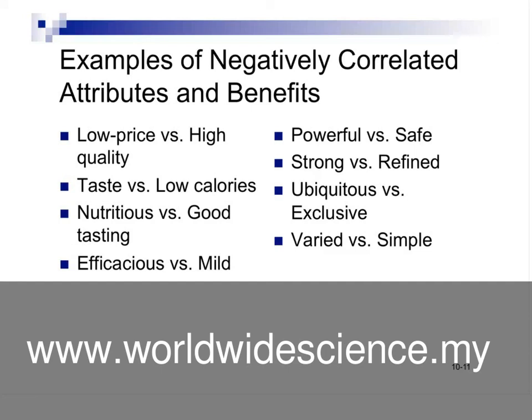So you've got to be careful about that. If you want to address those negatively correlated meanings, you present them separately, so that you can explain and make sure the customer understands what you basically mean.